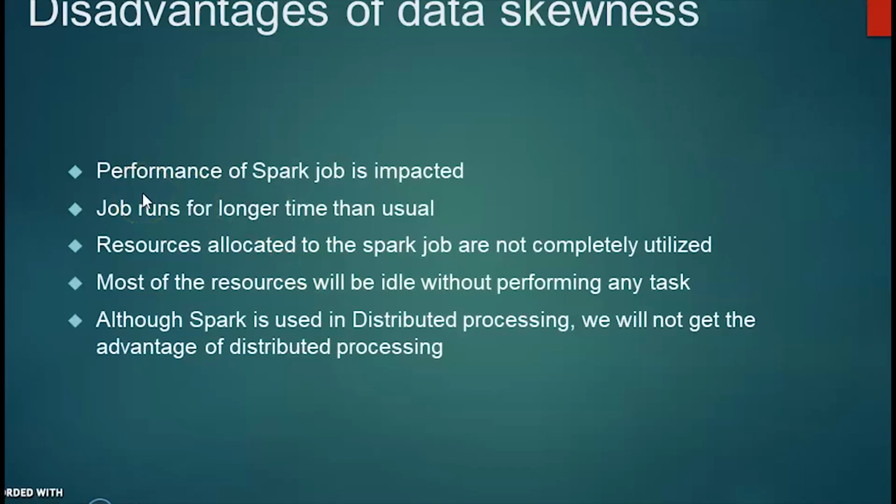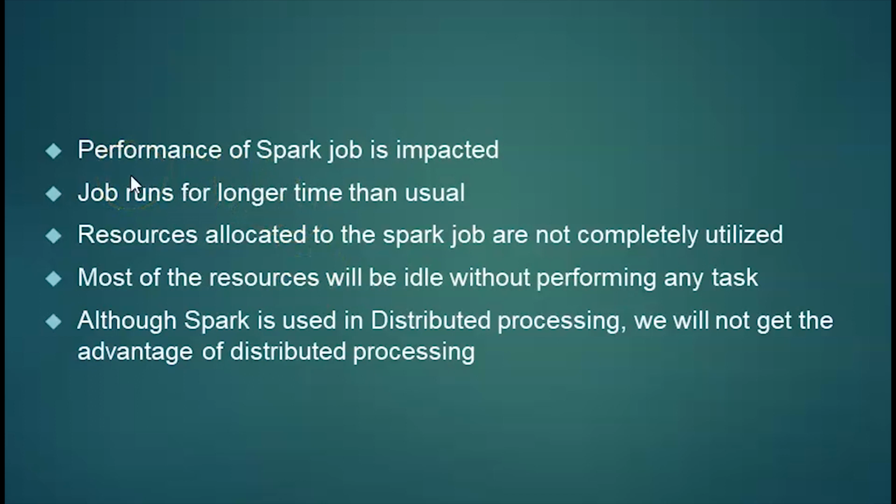So what are the disadvantages of data skewness? Whenever there is data skewness, the performance of the Spark job is definitely impacted. The Spark job will run for a longer time compared to uniformly distributed data.